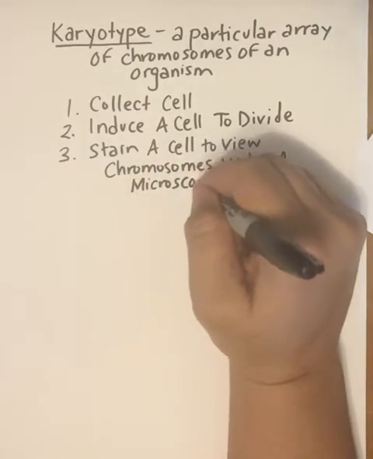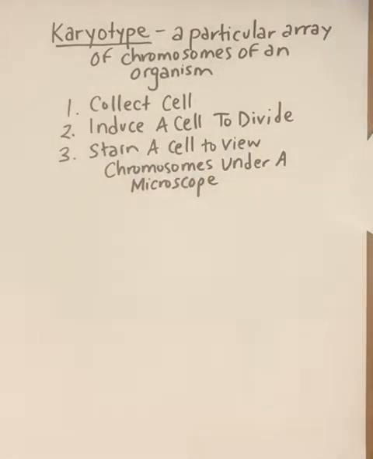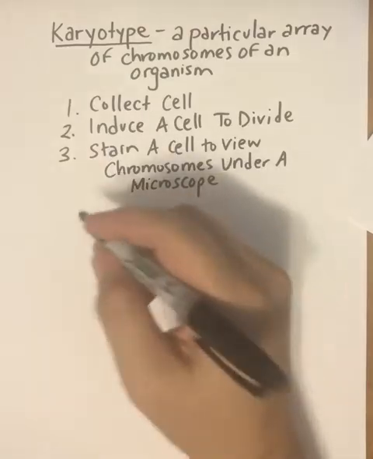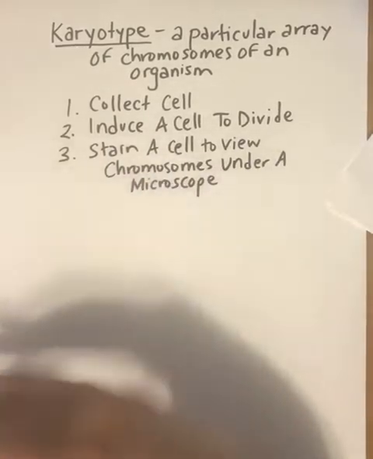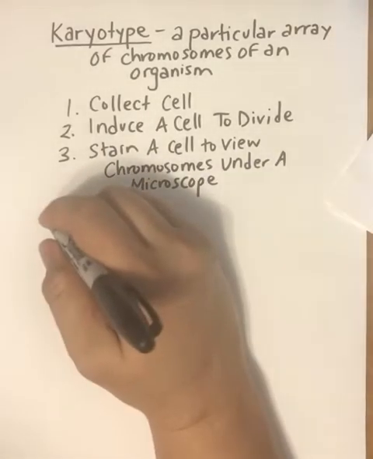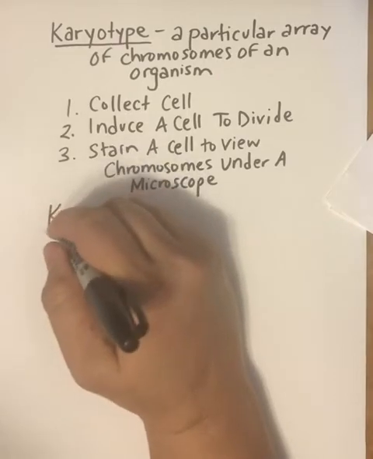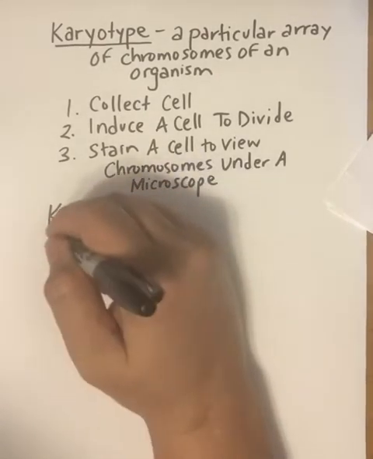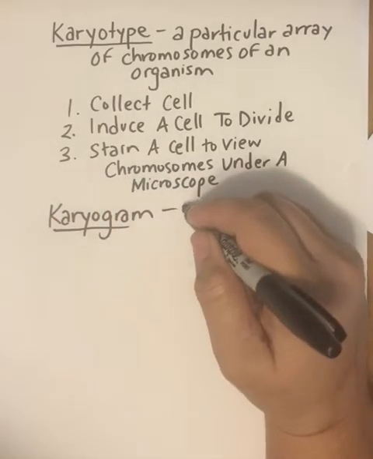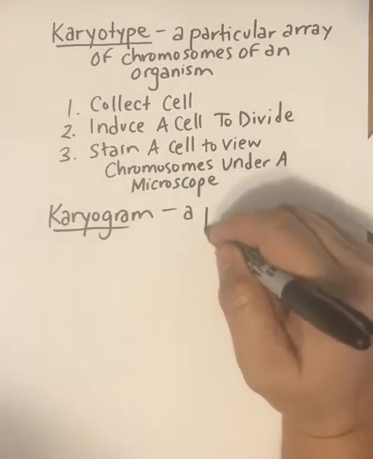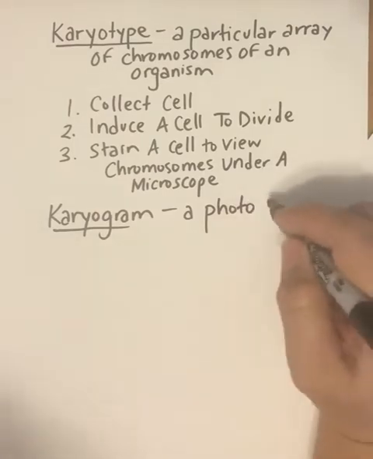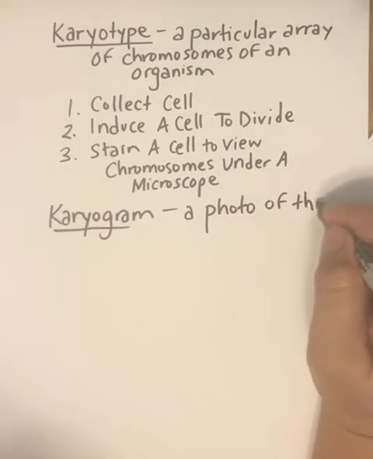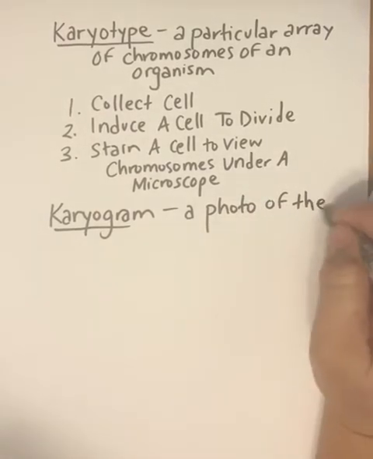So when you look at these chromosomes under a microscope, what we produce is called a karyogram. Anything that's a gram is something that's written. This is going to be a photo of the organism's chromosomes.